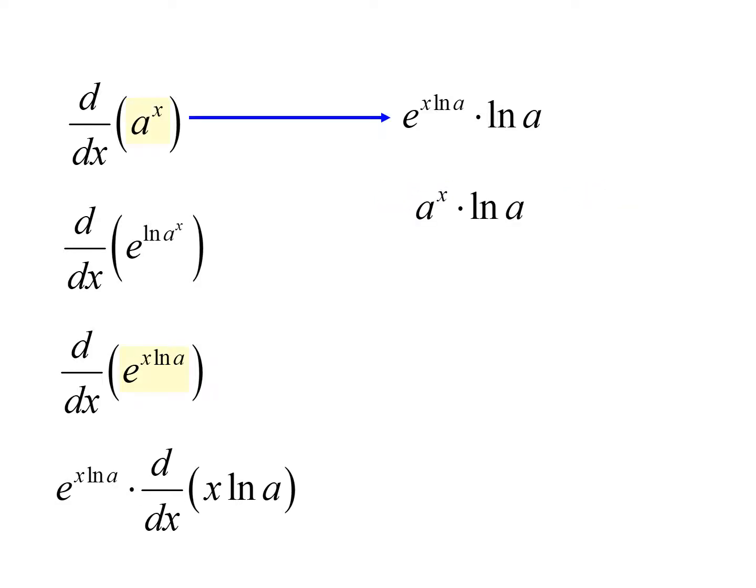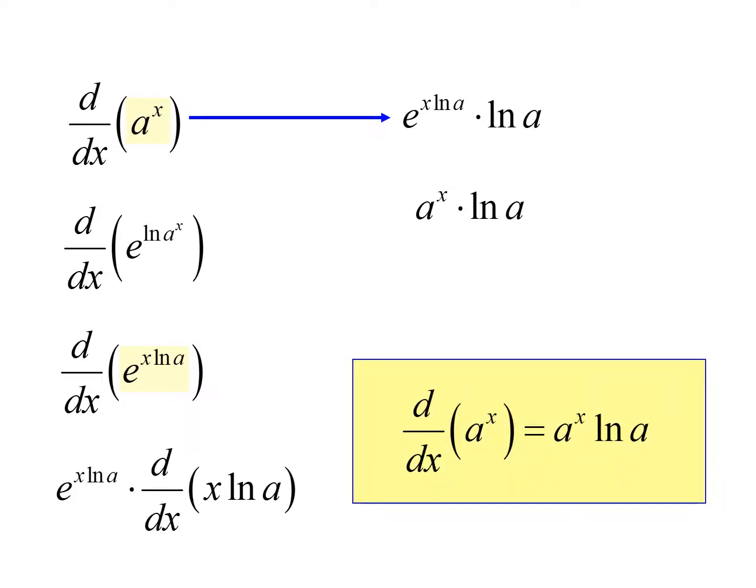And we can go back from e to the x ln a to just write that as a to the power of x. So the derivative of a to the power of x is a to the power of x natural log of a. And notice if this was e to the power of x, you'd get e to the power of x natural log of e, but natural log of e is just 1.